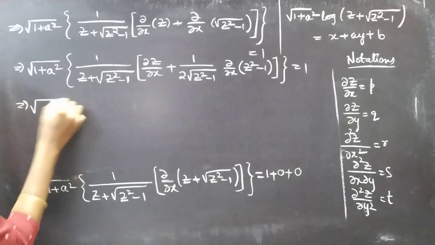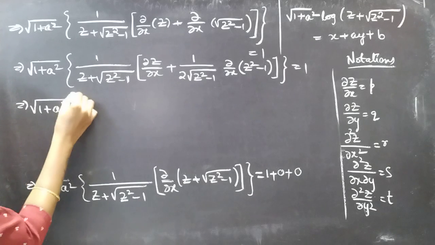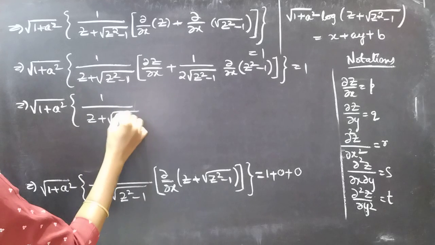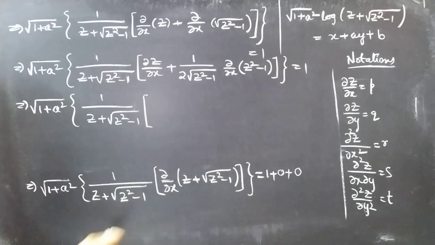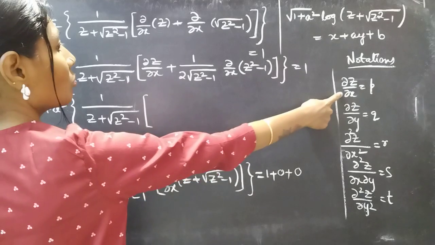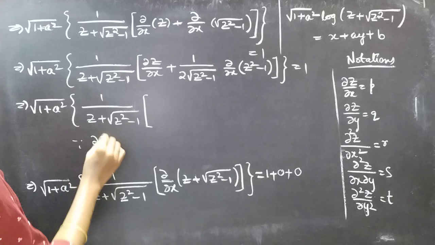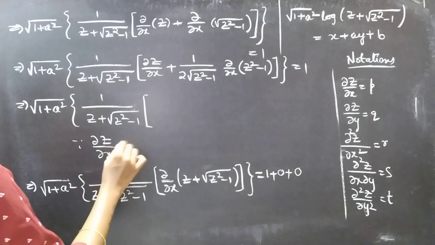This gives us square root of 1 plus a square into 1 by z plus square root of z square minus 1 into, since we have a notation dou z by dou x equal to p, so let's replace it by p.